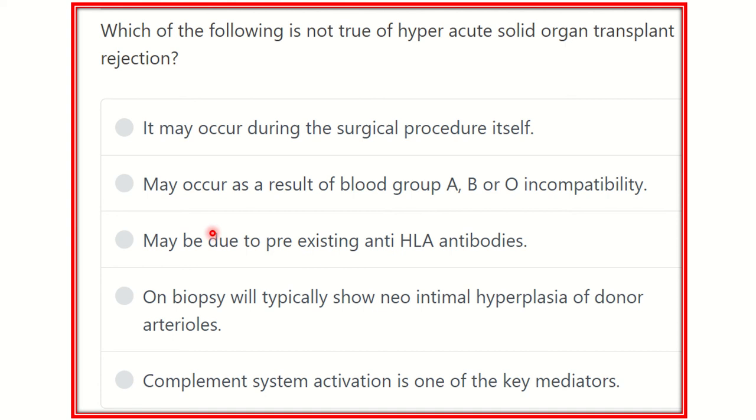So in the below first option, we have to find out which statement is not true in case of hyperacute solid organ rejection.